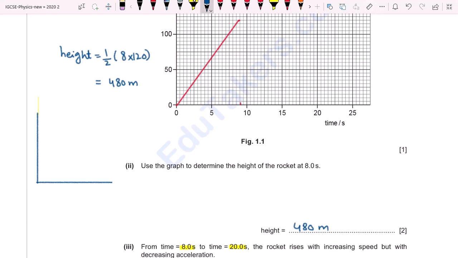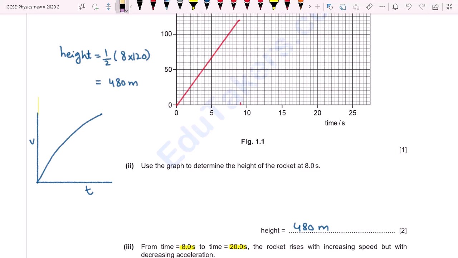The curve for increasing speed but with decreasing acceleration is represented just like this, starting from this point and rising in this way. It is a velocity-time graph. So I have to draw this curve on the graph.